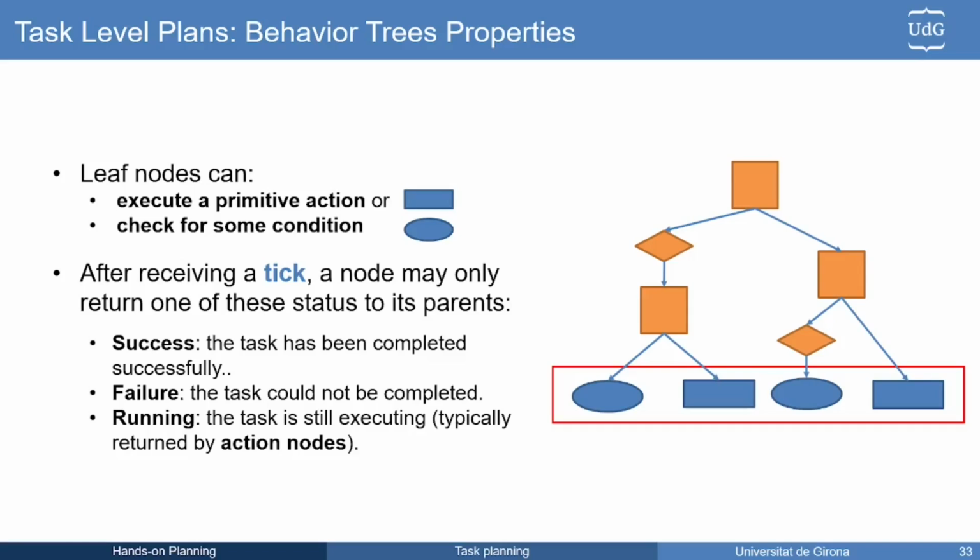But they are all things that in the end are translated into reading a topic or sending an action in your ROS system. One will take a while, and then we need to keep track: we are executing this, then we have to wait, have we reached the end, has it failed, has it succeeded, what happens? And the others are immediate.